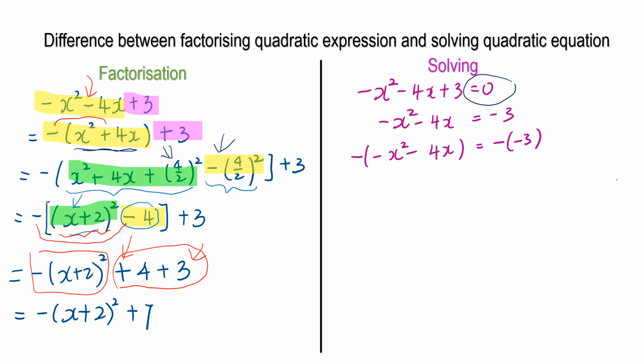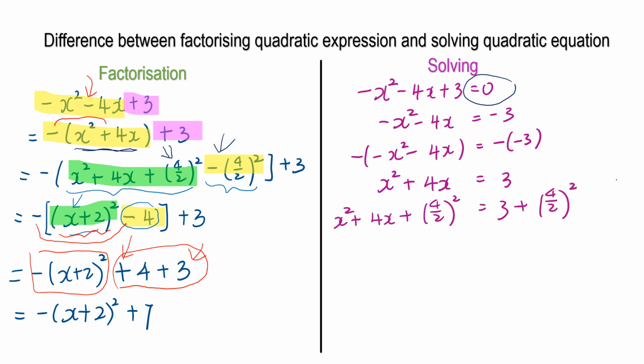And of course, before we can actually complete the square, we have to make the coefficient of x squared to be positive 1. This one you must remember. To apply completing the square, you have to make the coefficient of x squared positive 1. So I need to multiply by negative on both sides of the equation.